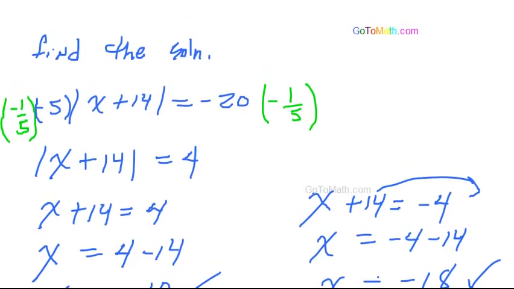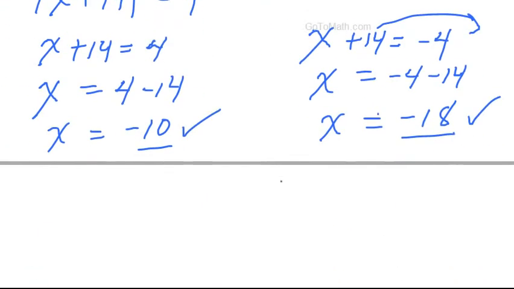And you can always check your solutions by taking them and plugging them into the original and seeing if that's a true statement or not. And of course we're going to write these in numerical order where the smallest goes on the left hand side. Okay, so negative 18 and negative 10.